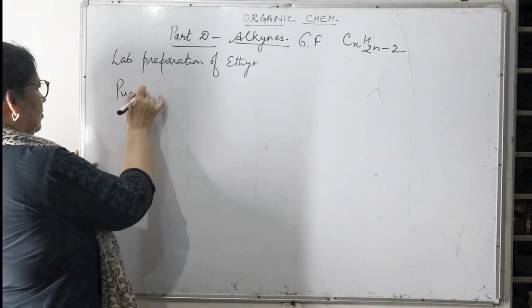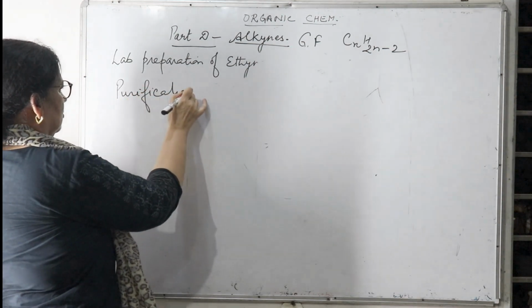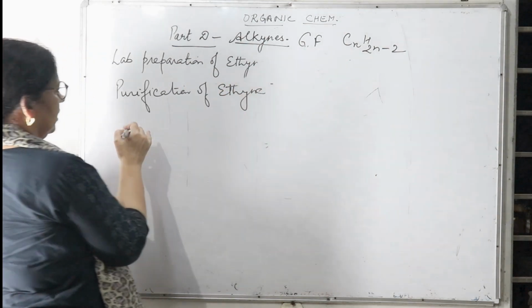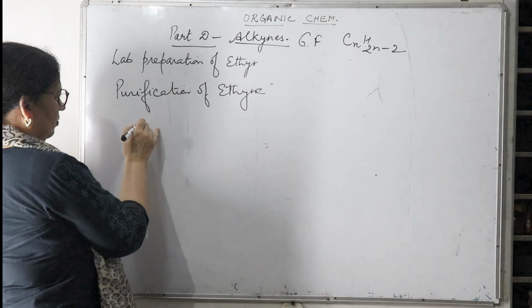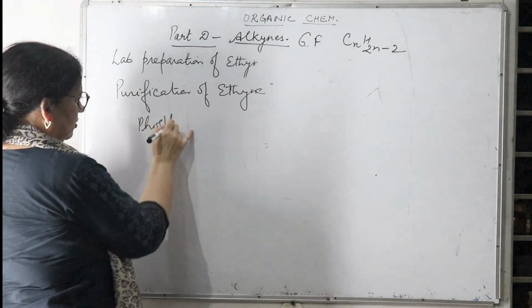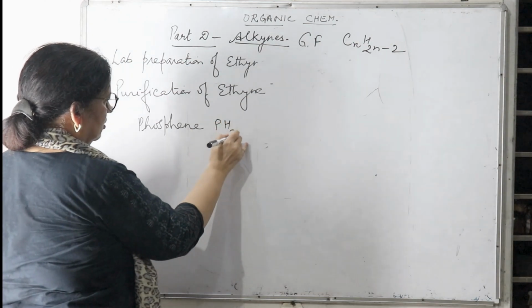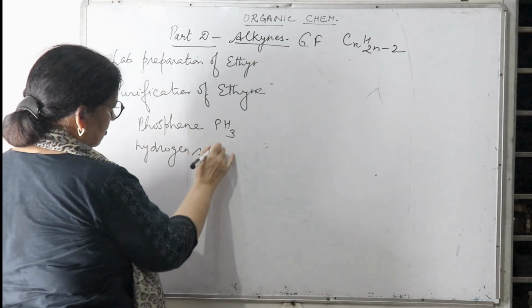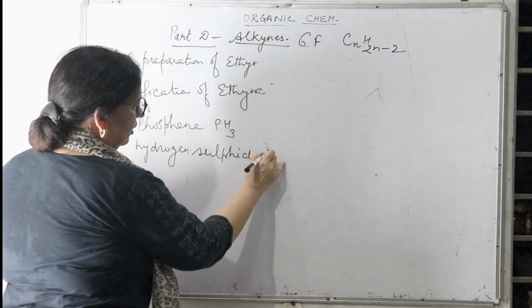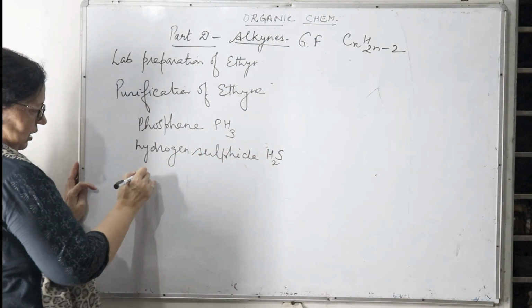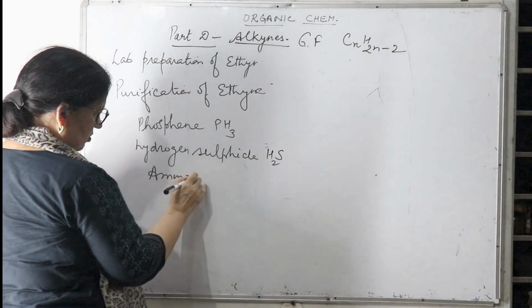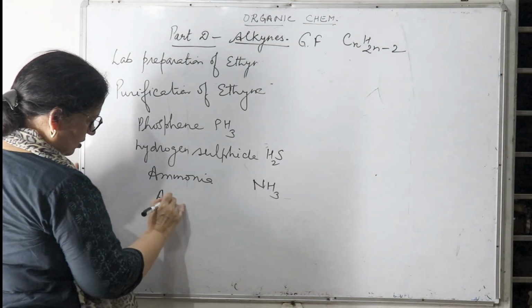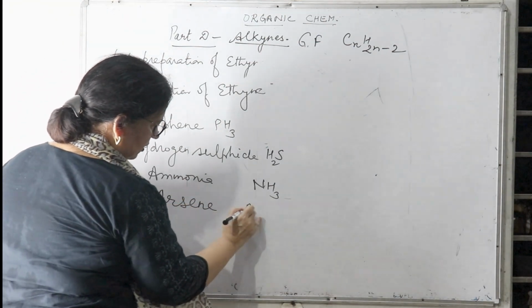Certain impurities are formed, that is phosphine, PH3, hydrogen sulfide, that is H2S, ammonia, NH3, and arsine, AsH3.